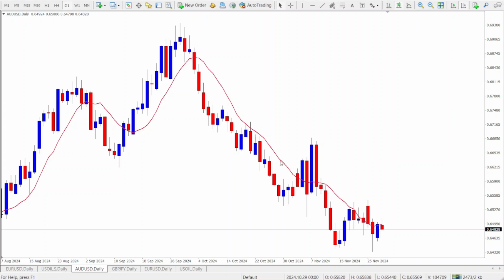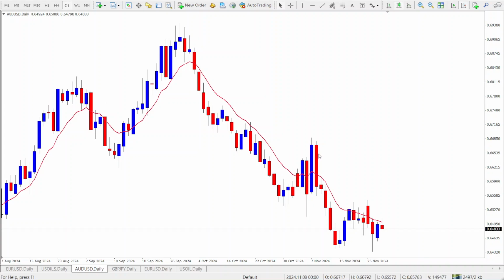Next, we have the exponential moving average. I'm just going to change this simple to exponential, and here we go. This is also called the EMA. Unlike the SMA, the EMA gives more weight to recent price data, making it more responsive to price changes. This responsiveness makes the EMA a favorite among traders who want to capture short-term market movements.